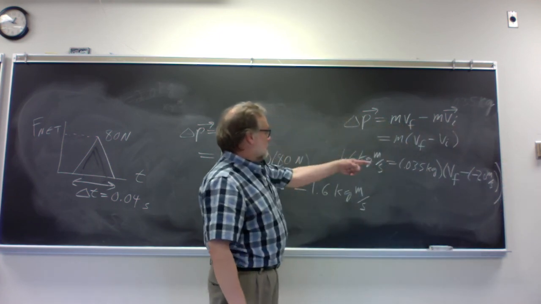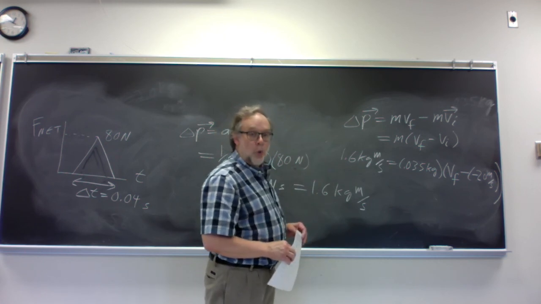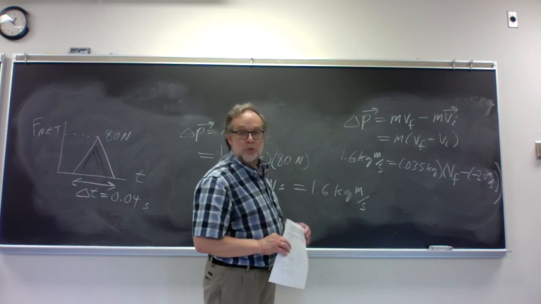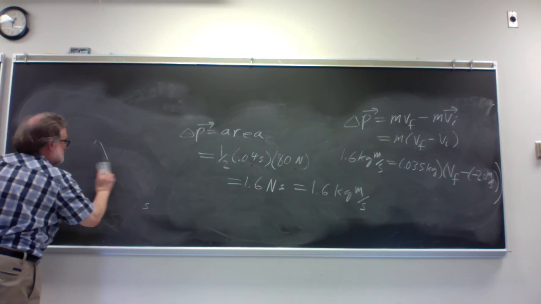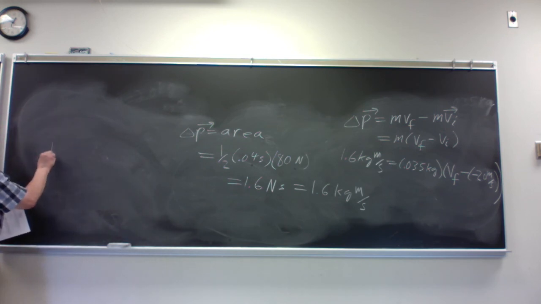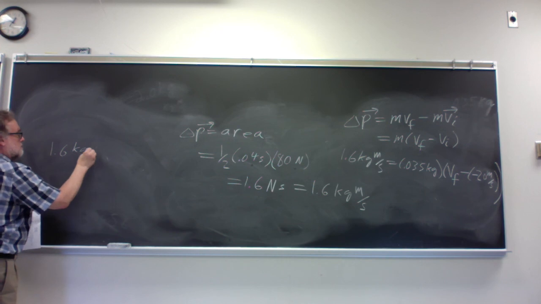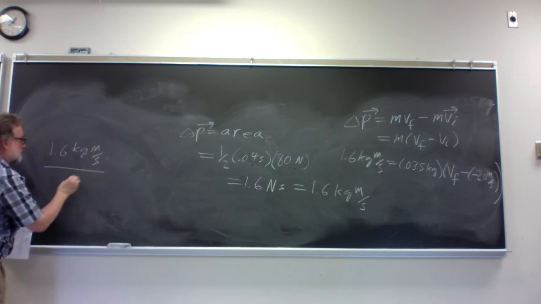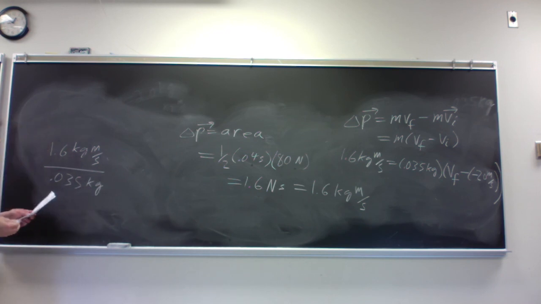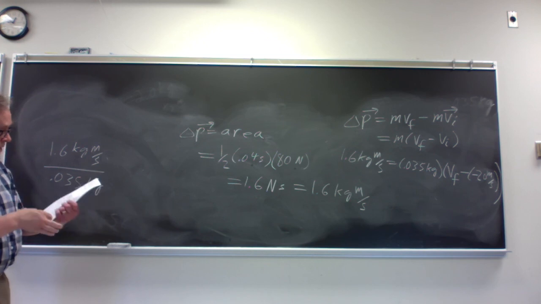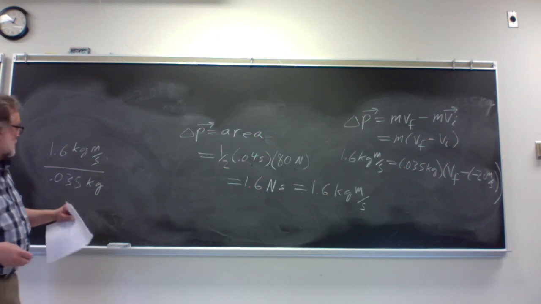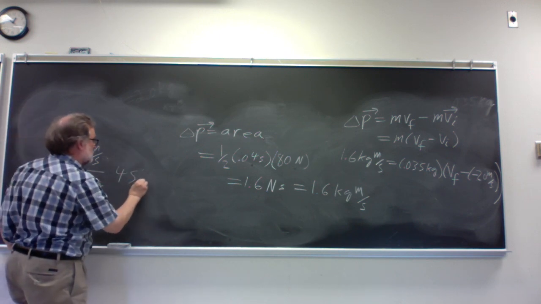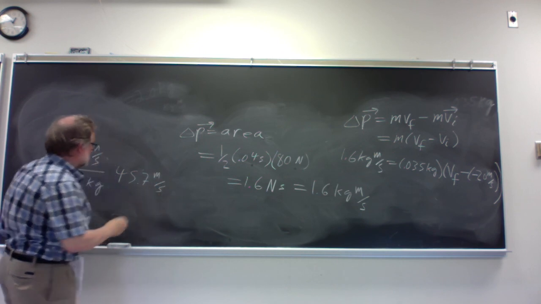So divide both sides of the equation by 0.035 kilograms, and we have on the left 1.6 kilogram meters per second divided by 0.035 kilograms, which gives us 45.7 meters per second.